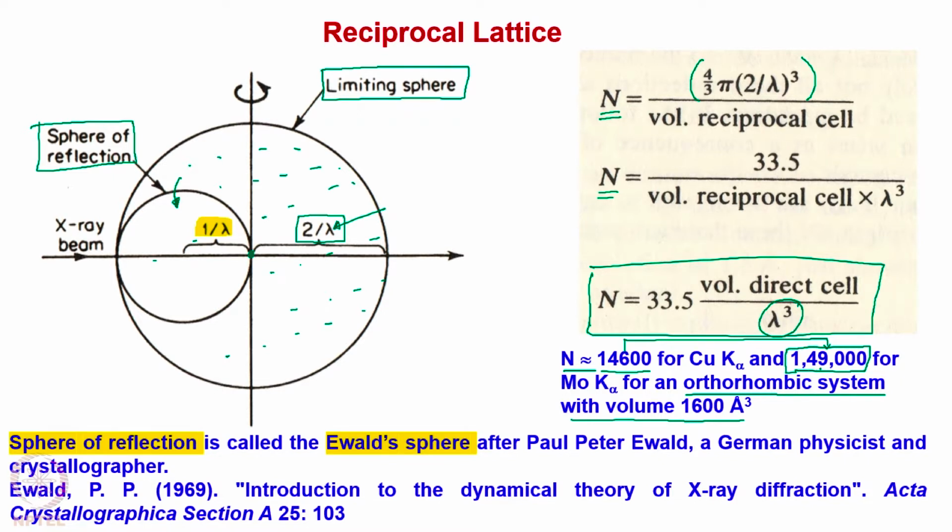That means by using a smaller wavelength, one can achieve a larger number of reciprocal lattice points, and a much higher resolution.